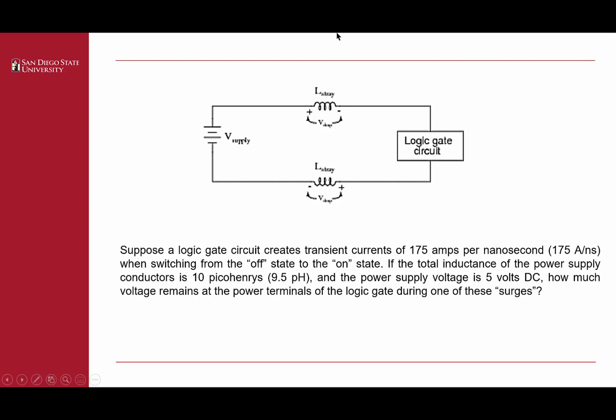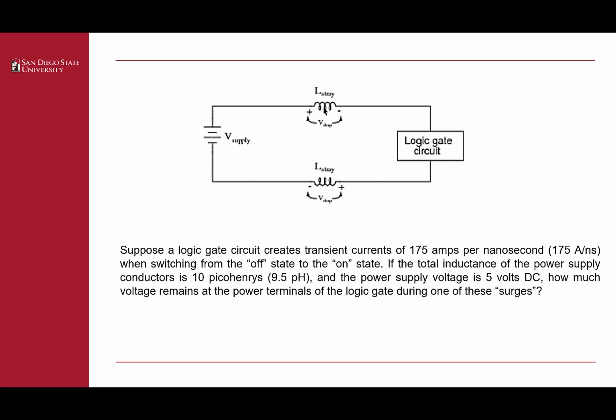These will be important when calculating the multiplication. So again, what we should do here is to multiply this current value, the change of current, with the inductance, the combined inductance. So we have to multiply 9.5 picohenries, or you can also use 10 picohenries for simplicity, with 175 amps per nanosecond.